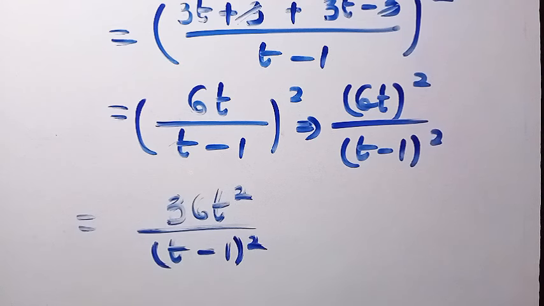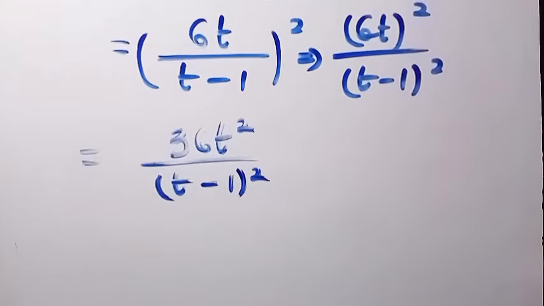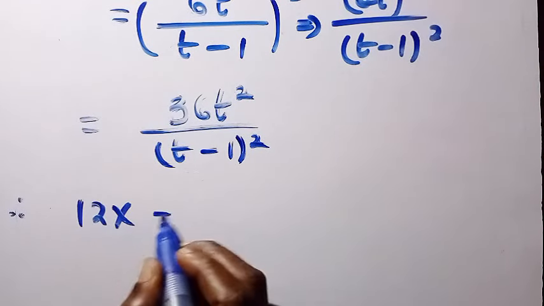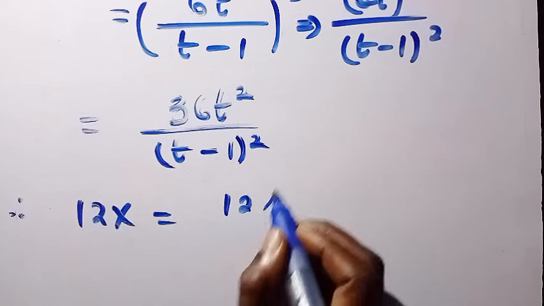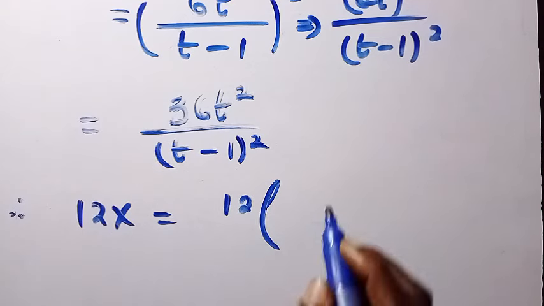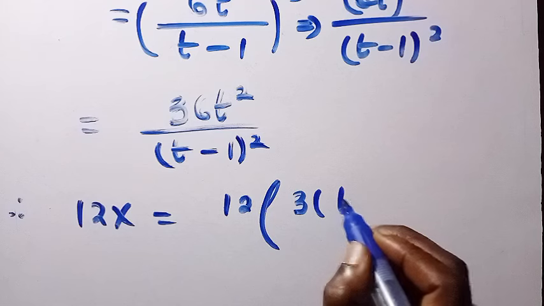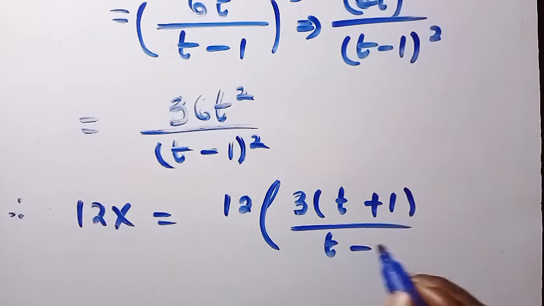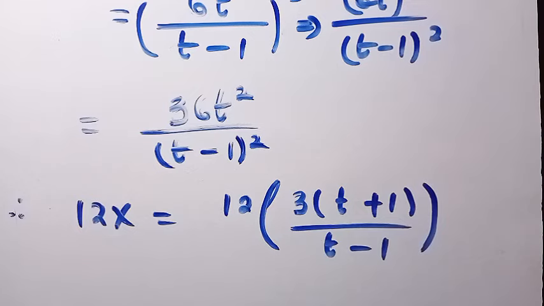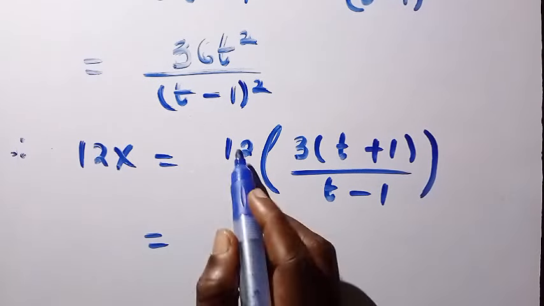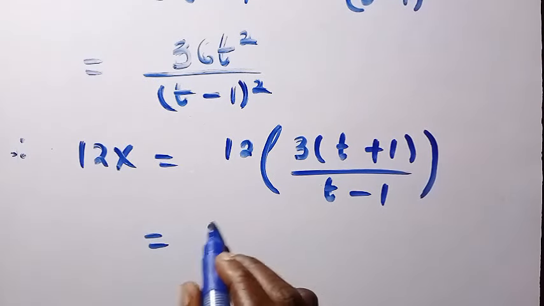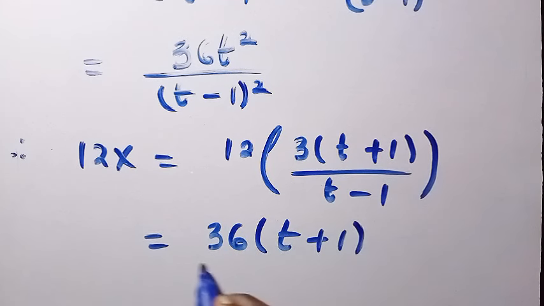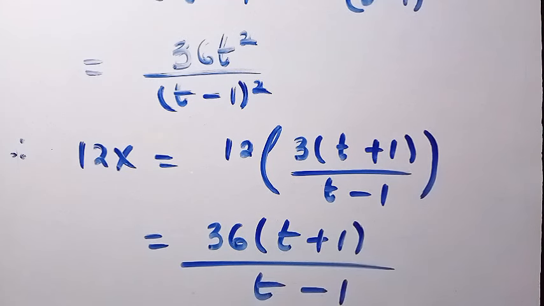By the rule of exponents, we have (6t) squared over (t minus 1) squared, which gives 6 squared times t squared, that is 36t squared divided by (t minus 1) squared. So this is for (x plus 3) squared. And again, for 12x, we have 12 times the whole of x, which is 3(t plus 1)/(t minus 1). So here we have 12 times 3, that is 36 times (t plus 1) divided by (t minus 1).